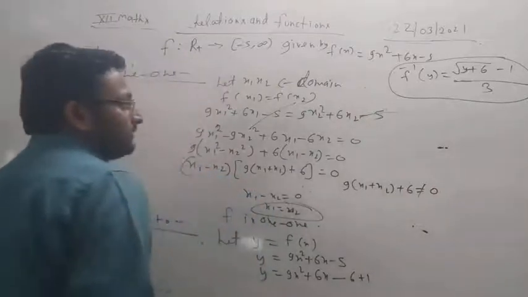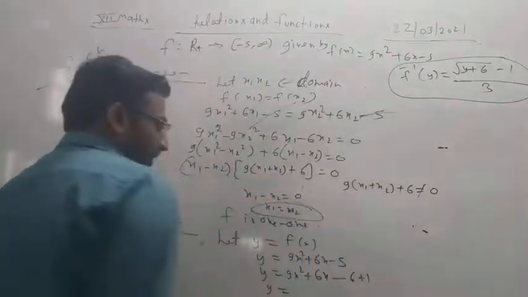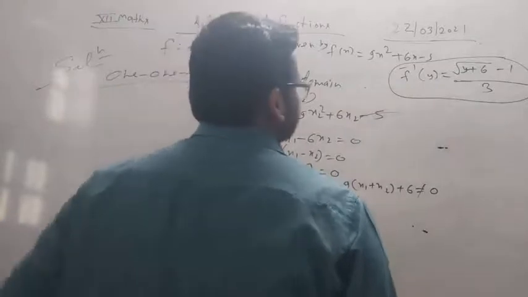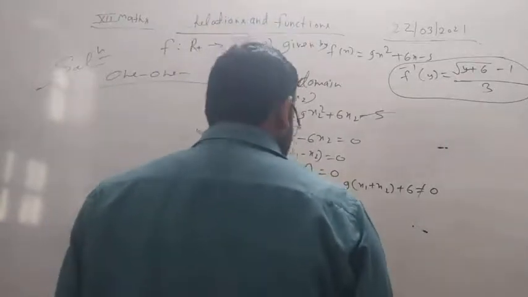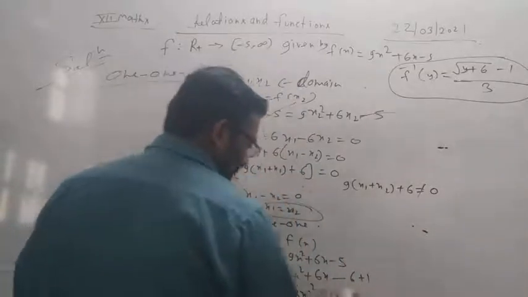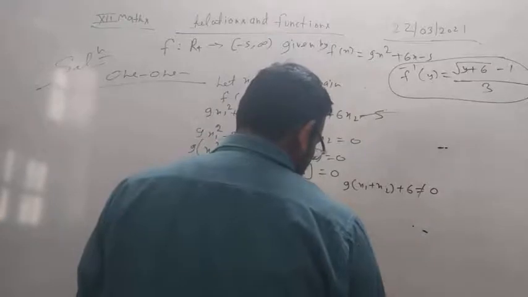Okay students, so for this we write (3x)² + 1 + 2 × 3x × 1 − 6.